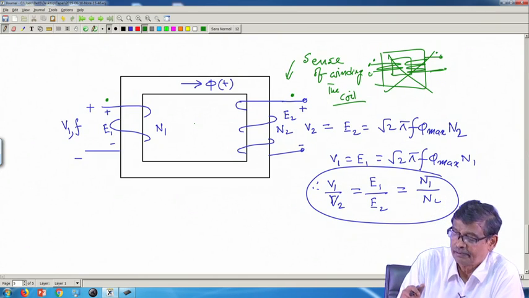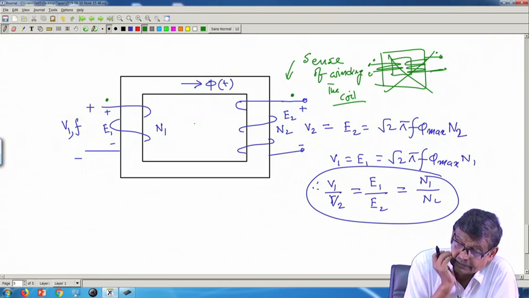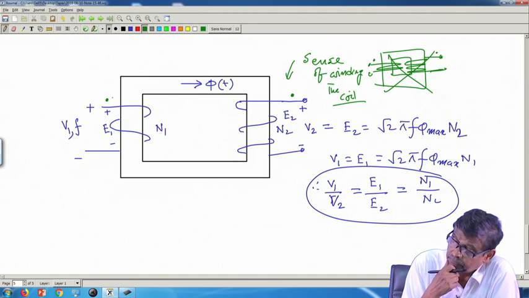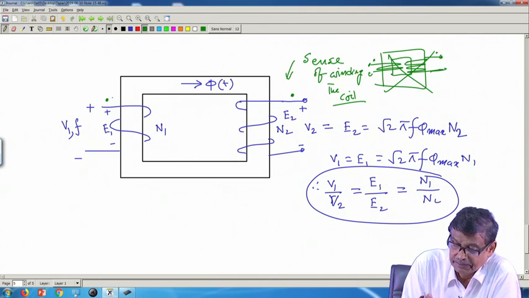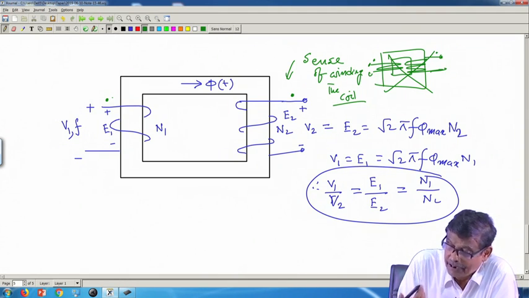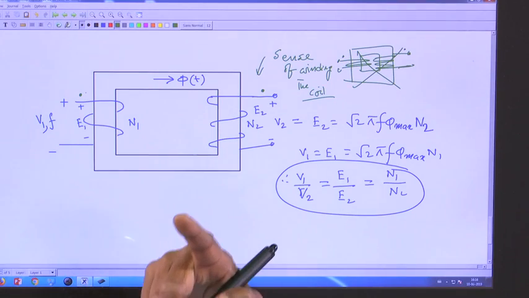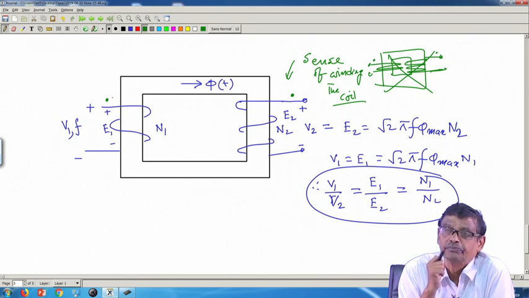Now, also note that if these two are dots, after some time, because it is after all an AC supply, it will be better if we say dot terminals are those terminals which have like polarities of the induced voltage.